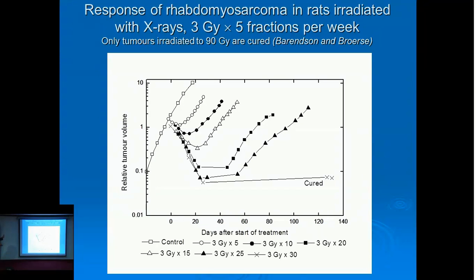When 30 fractions were delivered, the tumor didn't reappear. With all the lesser doses, the tumor recurred. This is only in an animal model system, in rats, transplanted rhabdomyosarcoma.